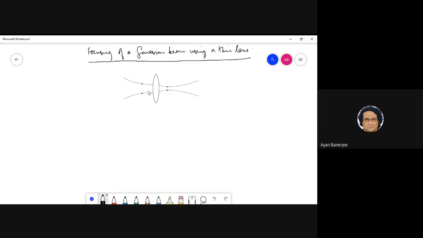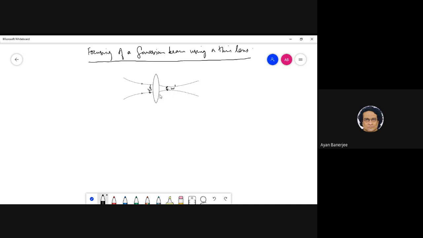It has an input waist, which we can say is W0. After that there is another waist, after focusing, which I call W dashed. The lens is placed right at the waist, and we want to find out what the waist size is here. We would like to write that down.